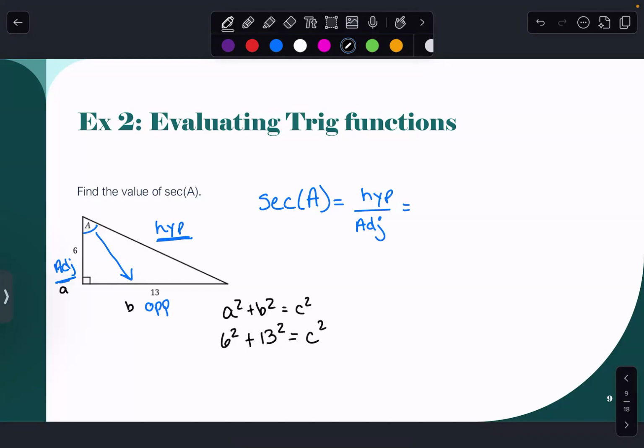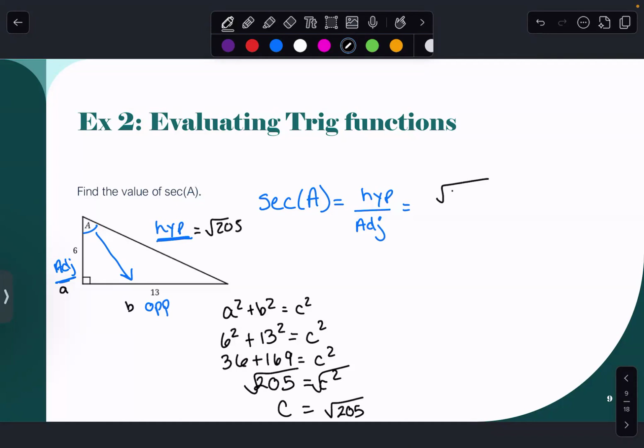I add these together: 36 plus 169 is equal to c squared. That gives me 205 is equal to c squared. To find just c, I need to take the square root of each side. So I found the hypotenuse is equal to the square root of 205.